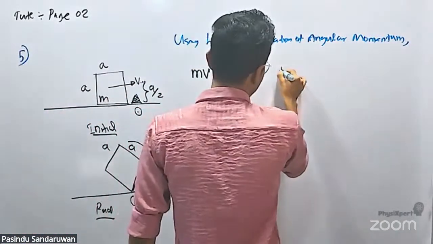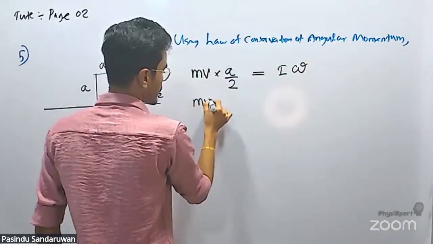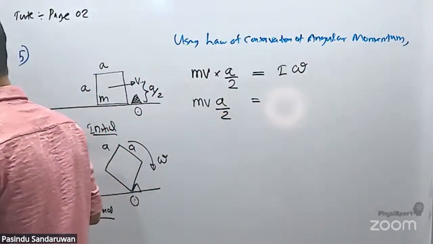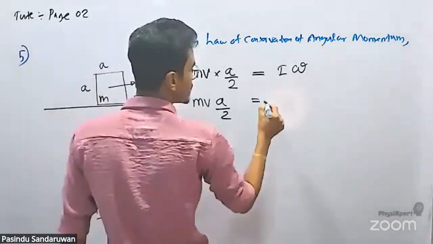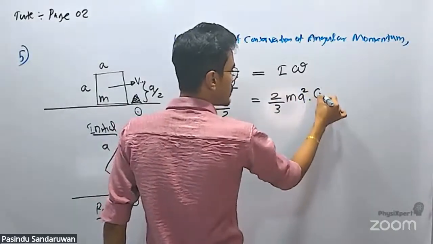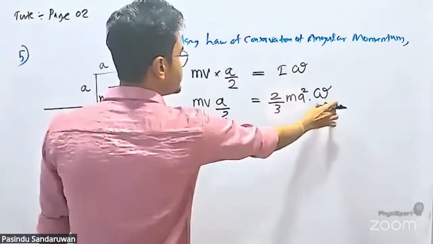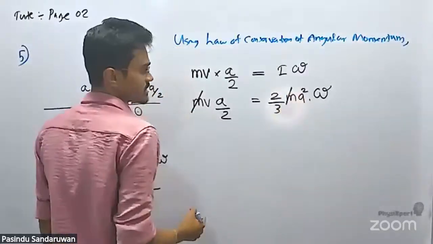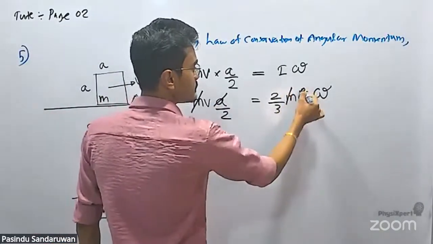So you can write it as I omega. Plug this I. mv a over 2 equals 2 over 3 ma squared omega. We need omega, right? Angular velocity or omega. Then m and m cancel, and one a and a cancel.